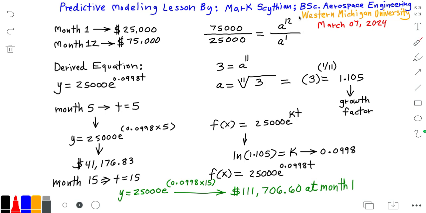So abiding by the rules of dividing exponential functions, we're left with a to the 11th power made equal to 3.